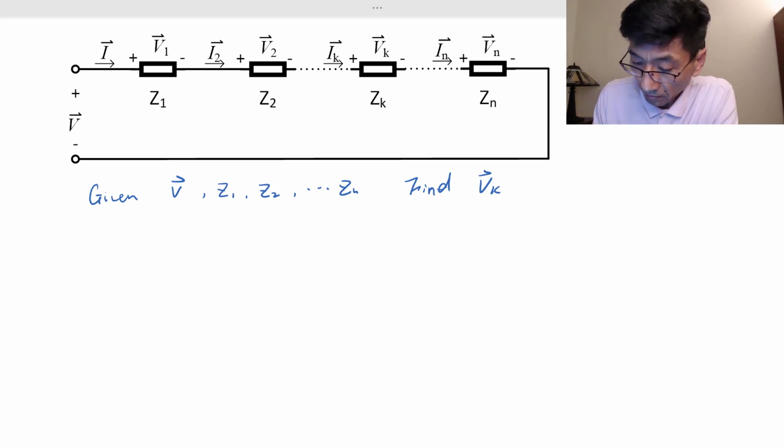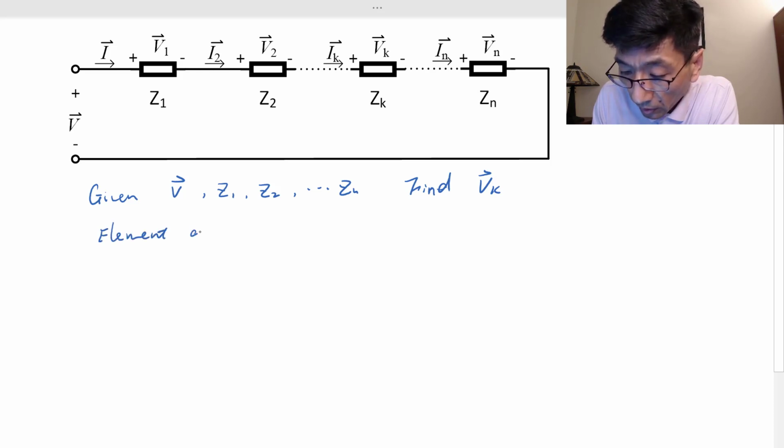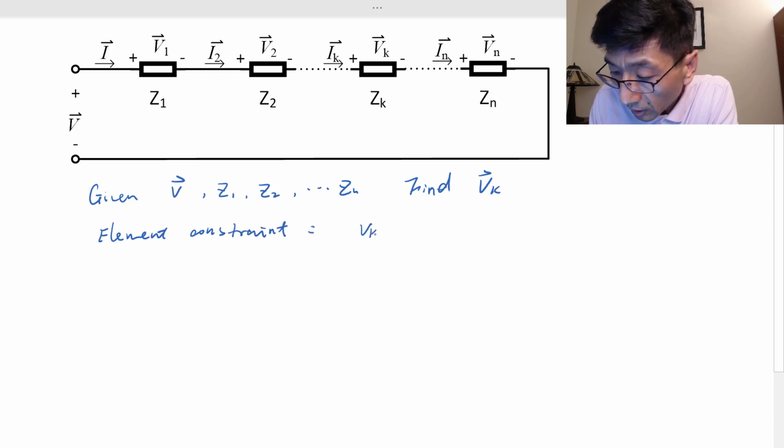In this case, we can write the element constraint, and that's V sub k equal Z sub k times I sub k.